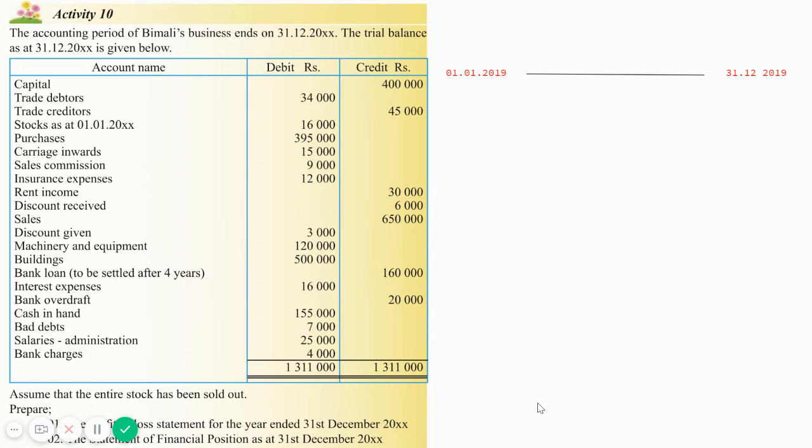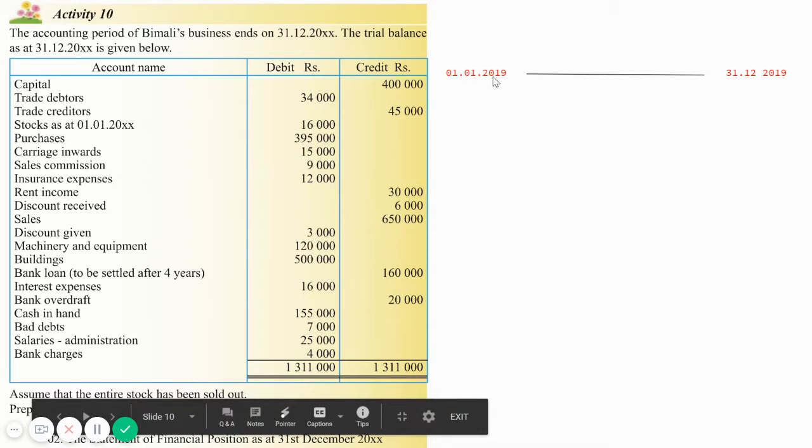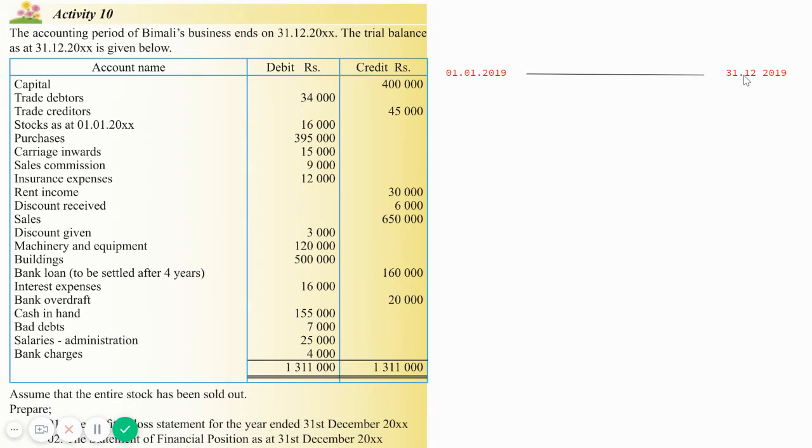The profit or loss statement will show you the operational results during the accounting period, from 1st January 2019 to 31st December 2019. But the statement of financial position will be prepared to show the balances of assets, equity and liabilities of Bimali's business on the particular date of 31st December 2019.